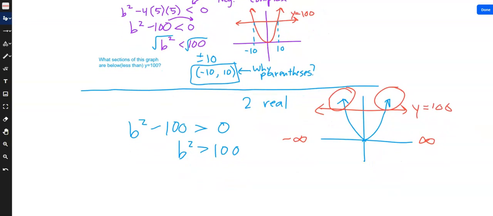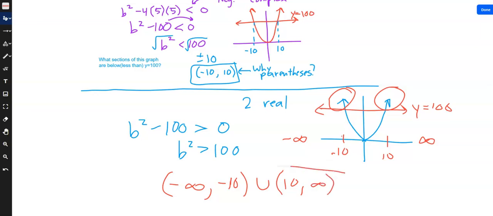So when you do your little square root and you find your negative 10 and your positive 10 in this particular scenario, you would have an answer that looked like this. From negative infinity to negative 10, don't forget it's a parenthesis, union 10 to infinity. So in that scenario, you've got two pieces to your answer, not just one.